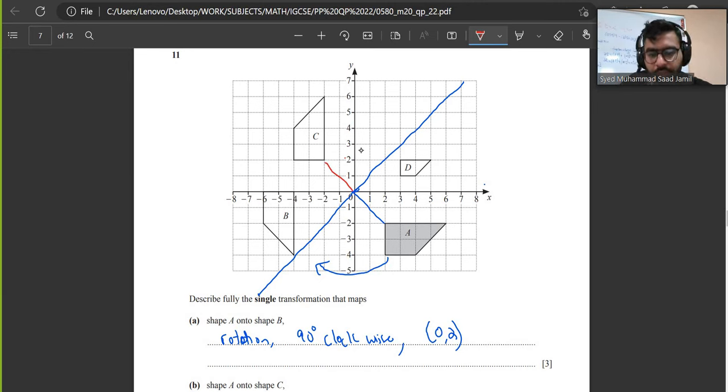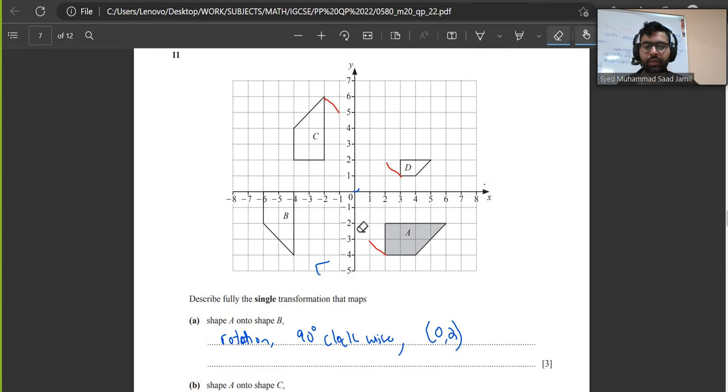Then let's go from this point. 1, 2, 3. 1, 2, 3. Same over here. 1, 2, 3, 4. 1, 2, 3, 4. So this is basically a reflection along the y equals x axis.